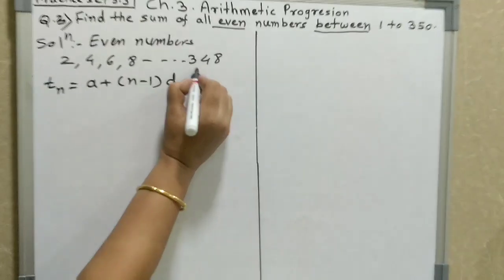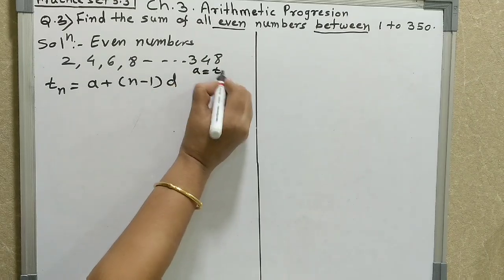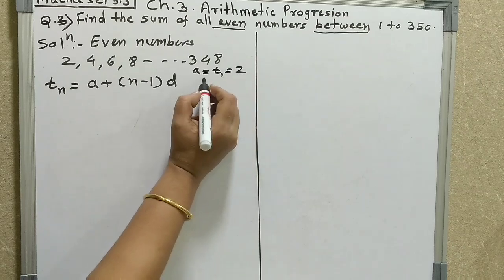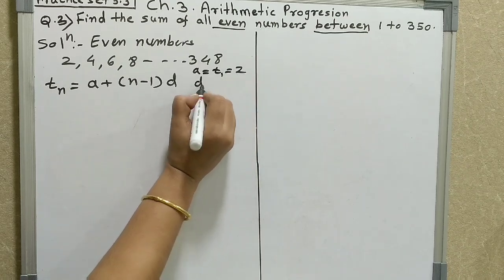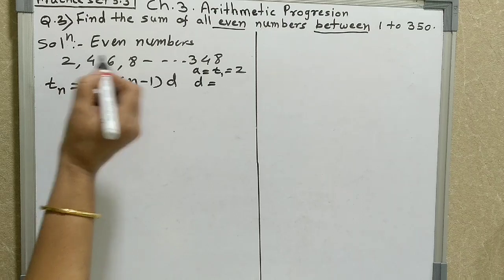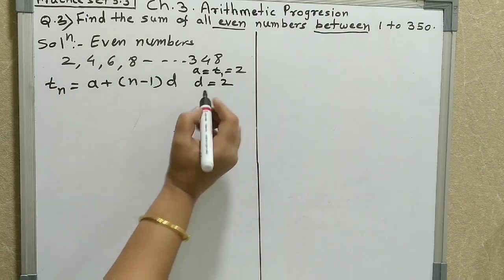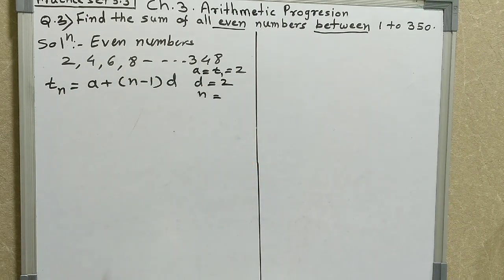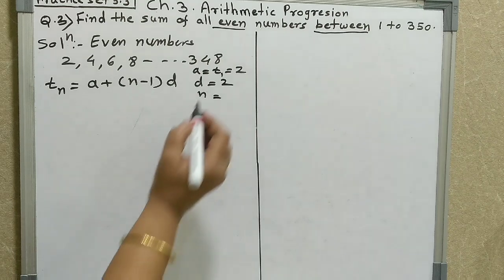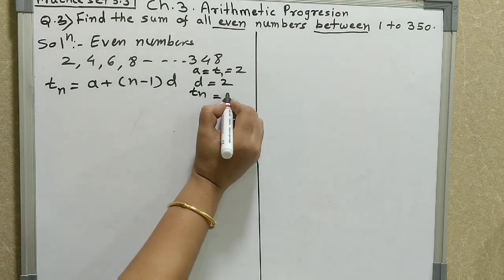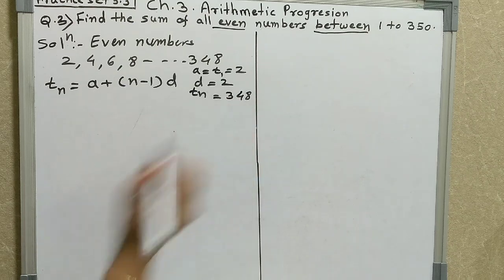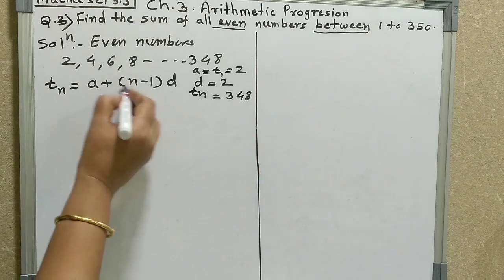In this formula, a is T1, the first term, that is 2. d is the difference, and the difference between 2 and 4 is 2. And n is what we find, where Tn is 348.